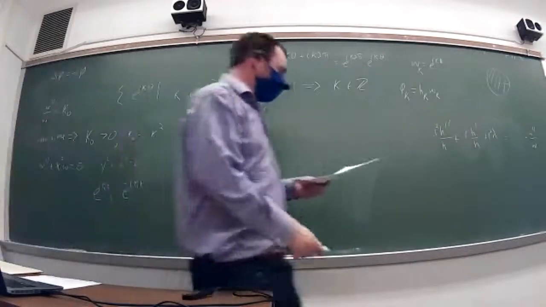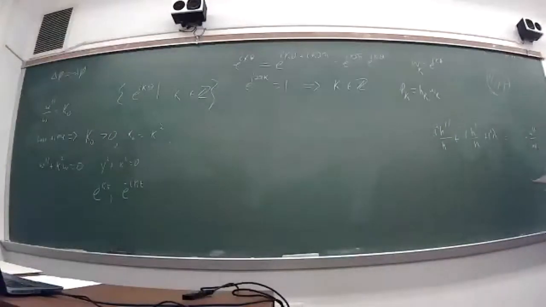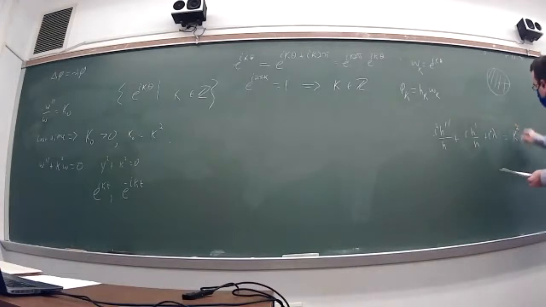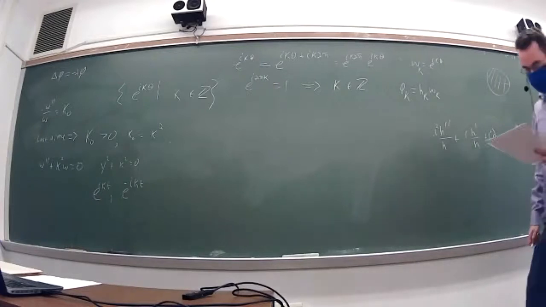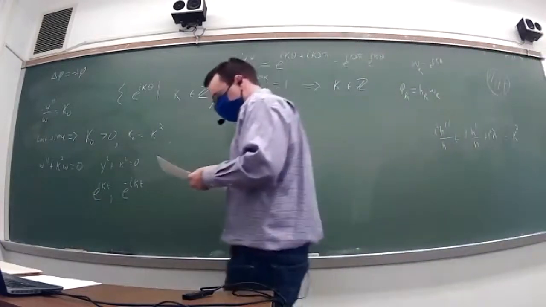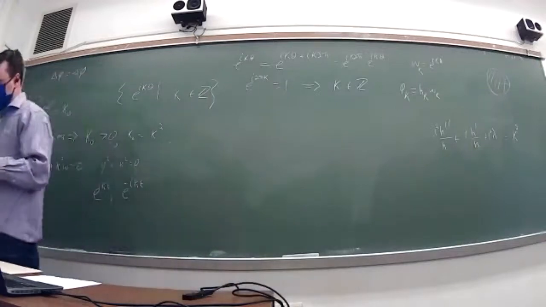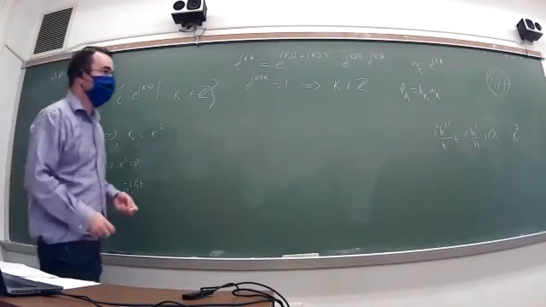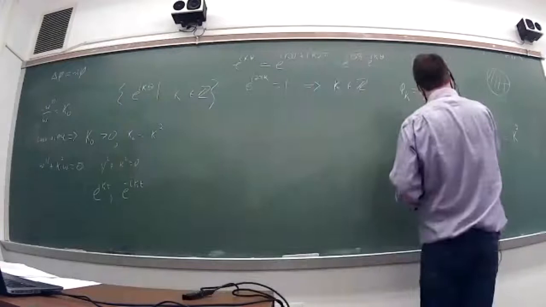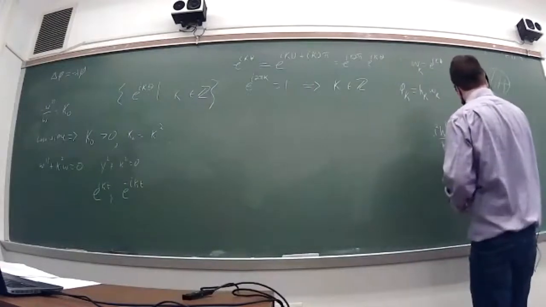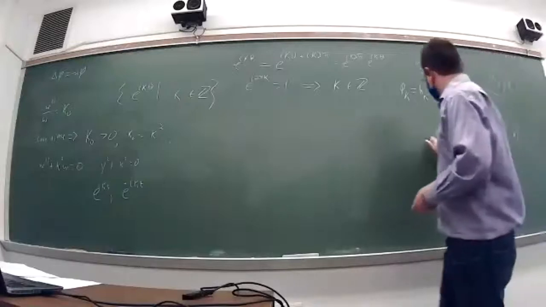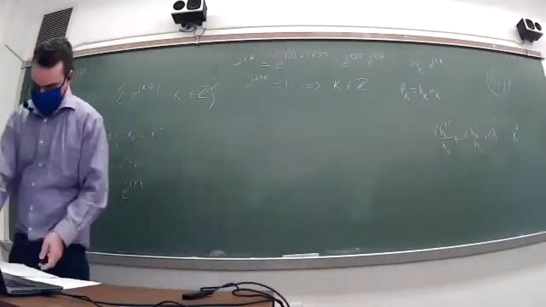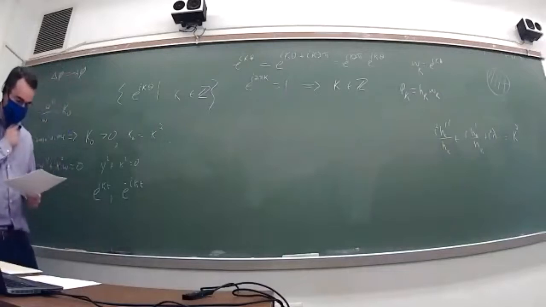And I know that omega double prime over omega is equal to this constant, negative k squared. So let's substitute that in, and these just become h k's.